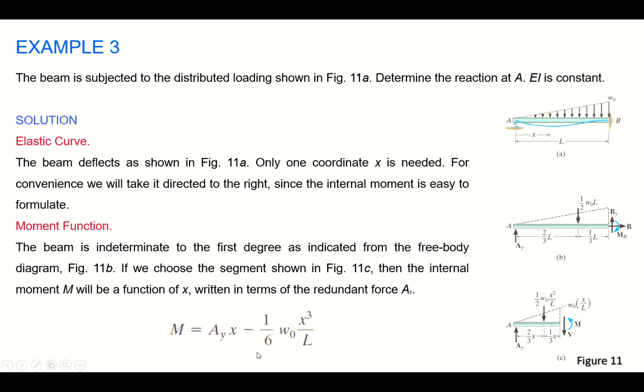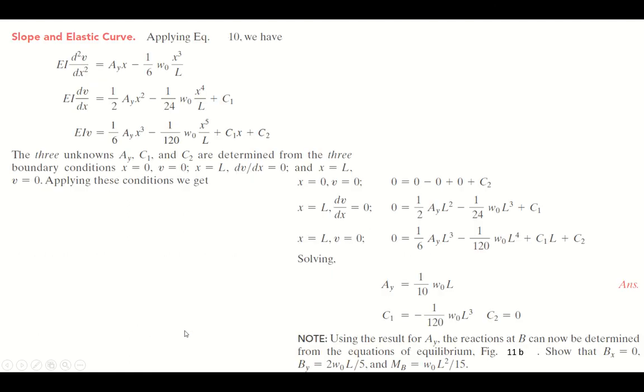So this is your equation of moment, Ay into x minus 1 by 6 of W naught into x cube by L. And now you have to solve this M with equation 10, which is equal to EI into d square mu divided by dx square, and it is equal to what we have got just now.